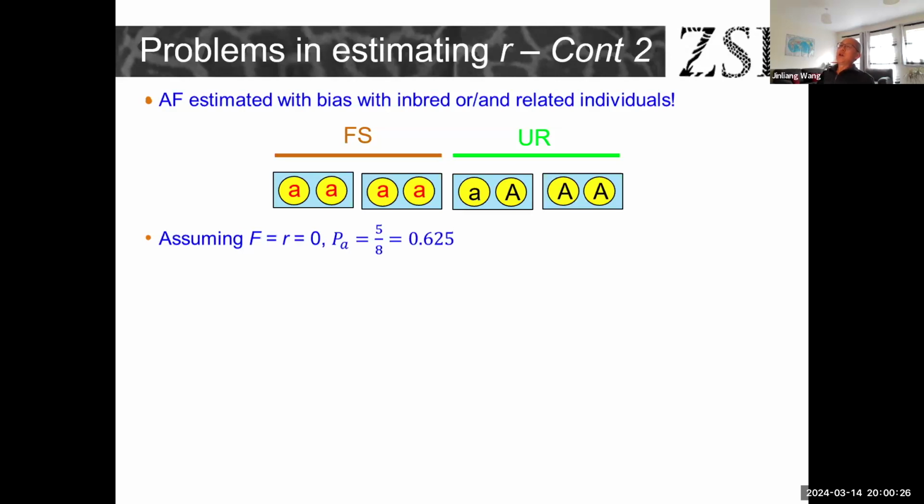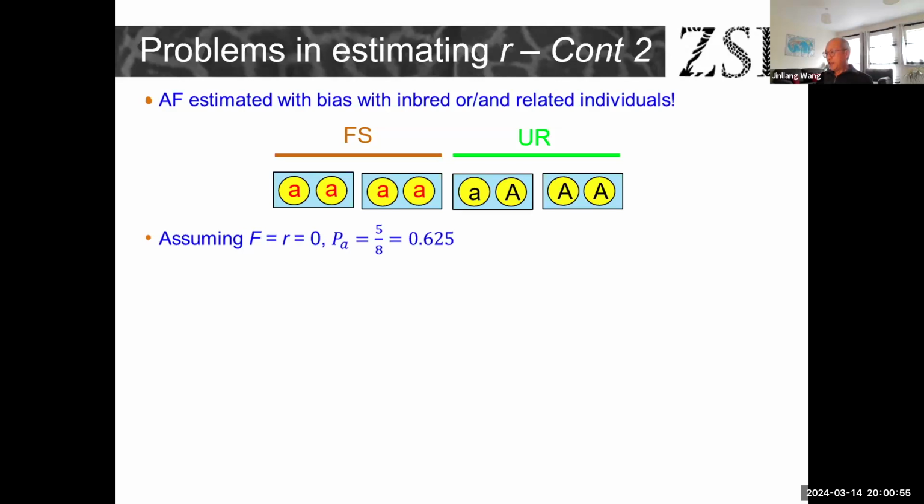That is, although we assume a sample contains non-inbred and unrelated individuals, in reality, they usually contain related individuals or inbred individuals. And after all, that is exactly the reason we try to estimate relatedness. If we know they are all unrelated, then there is no reason to do the estimation.